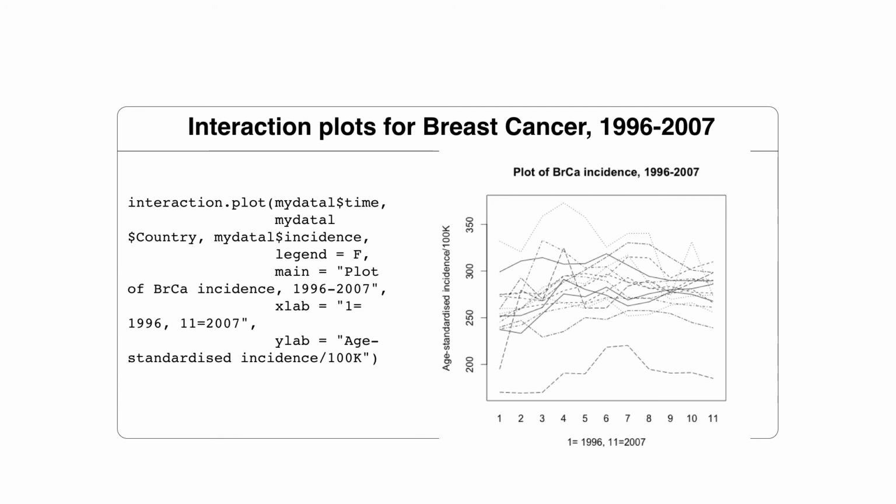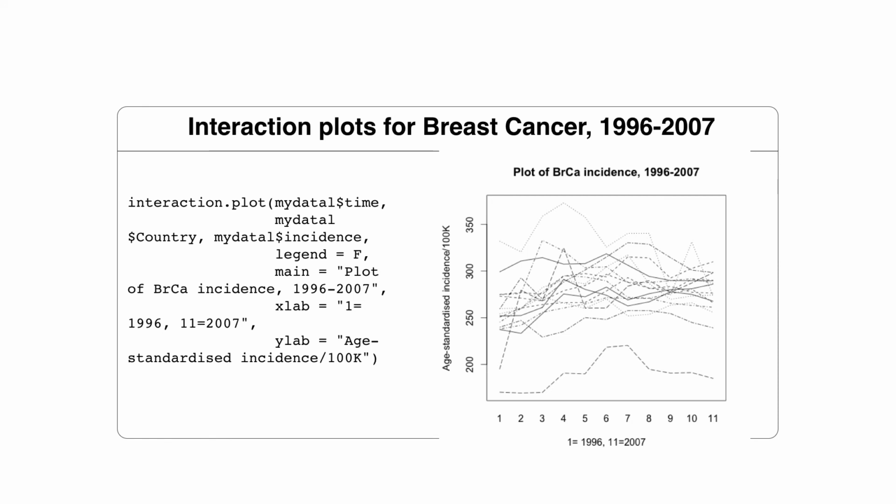Therefore, it is our responsibility to indicate what those 11 points are going to be, and this is indicated using the xlab, which is the labeling of the x-axis, where I have said that 1 is equal to 1996 and 11 is equal to 2007.